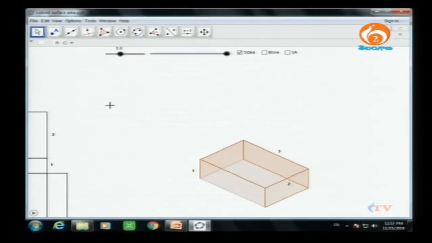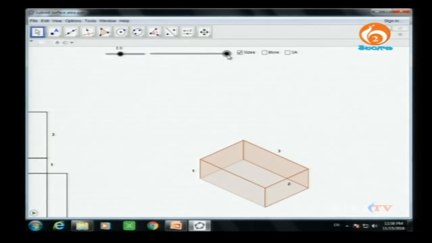Now, let us understand it. What is there? It has length and it has breadth. This is 2 dimension and height is shown with the 1 dimension, right. Now, how it has formed? Let us understand it.